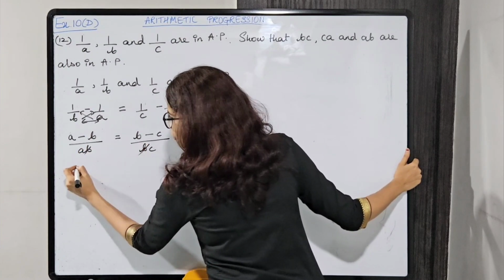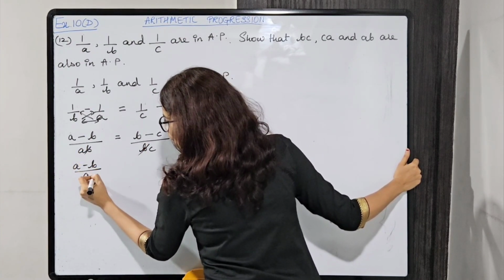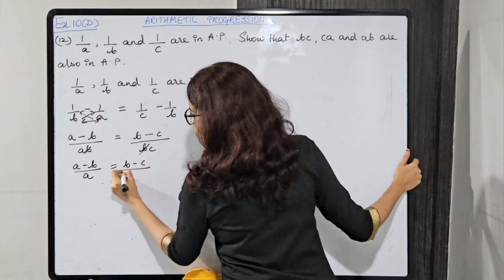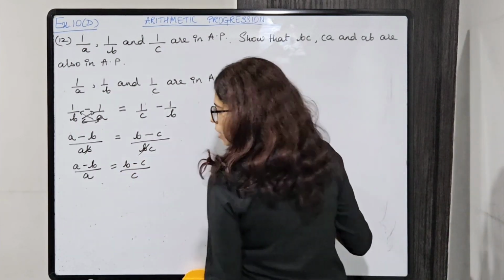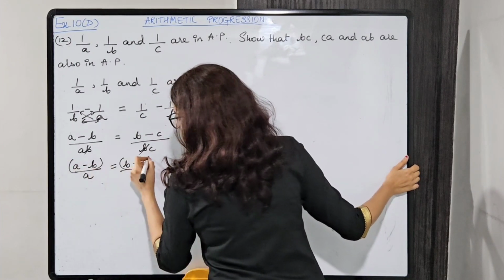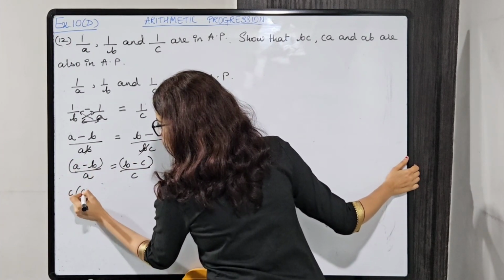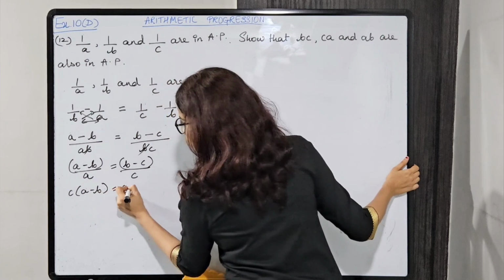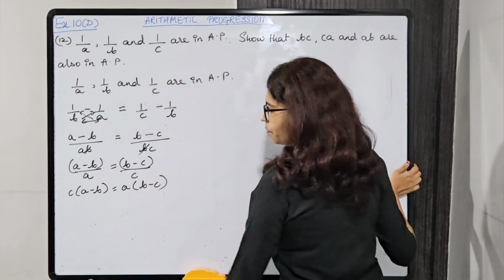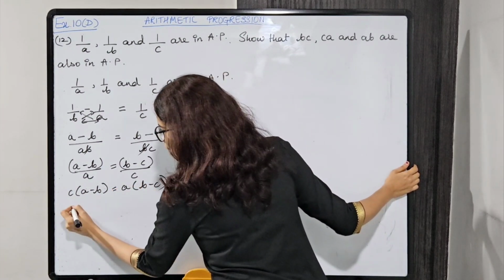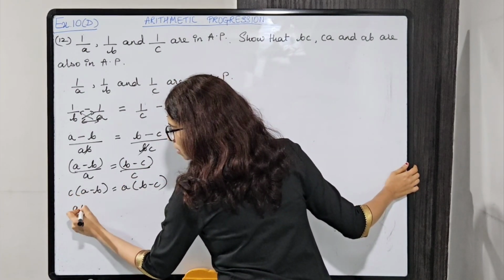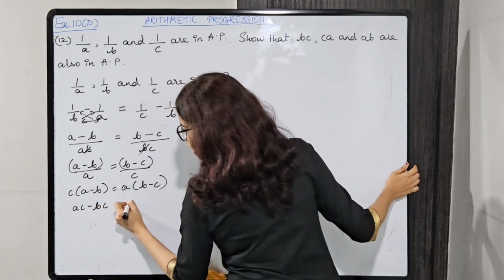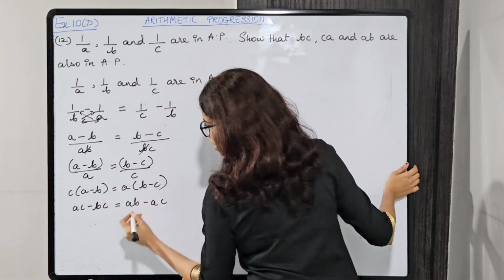So we are left with A minus B upon A is equal to B minus C upon C. Right? Let's cross multiply. So C into A minus B is equal to A into B minus C. So opening the brackets, again I write in alphabetical order. AC minus BC is equal to AB minus AC.